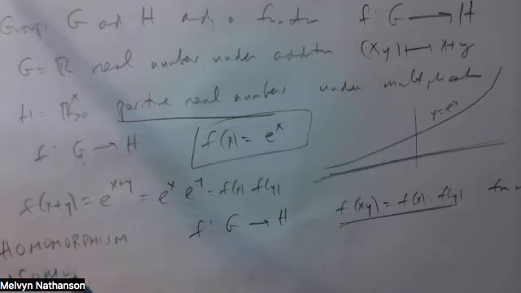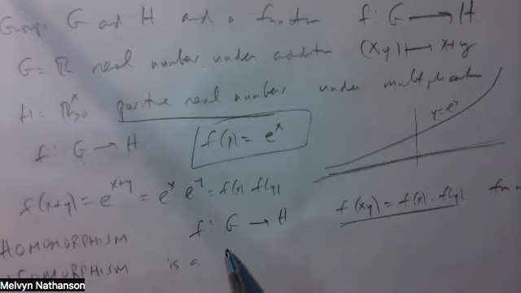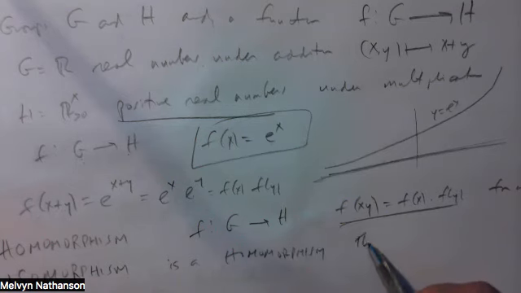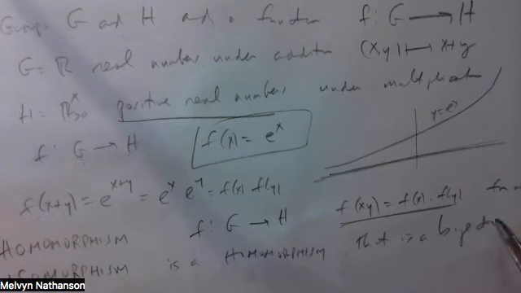And an isomorphism is a homomorphism that's one-to-one and onto, what we call a bijection.